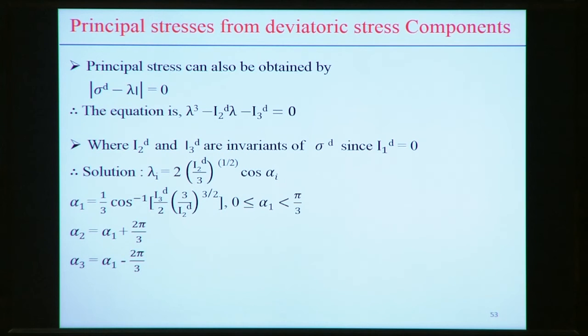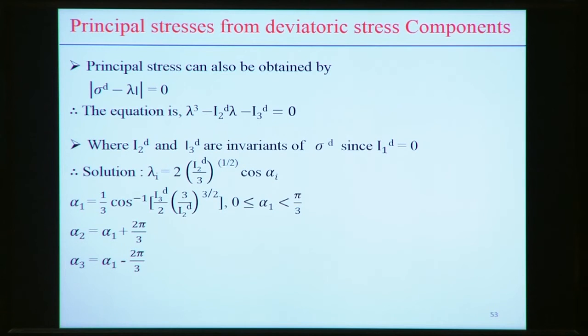Now, when you divide the deviatoric stress component and the hydrostatic stress component from a general state of stress, then using the deviatoric stress component we can find the principal stresses in almost a similar way. If we separate out only the deviatoric component and find the characteristic equation based on it, we get this equation.